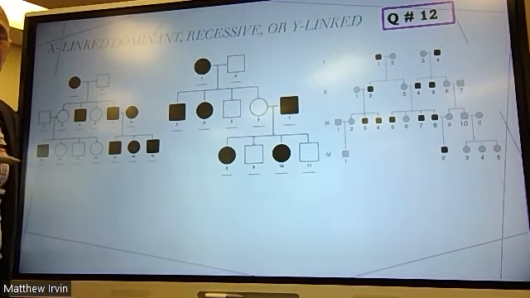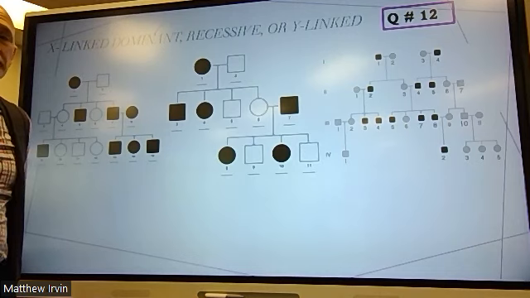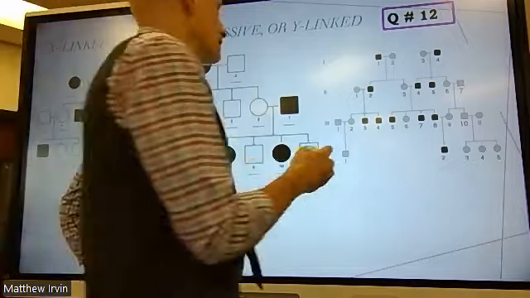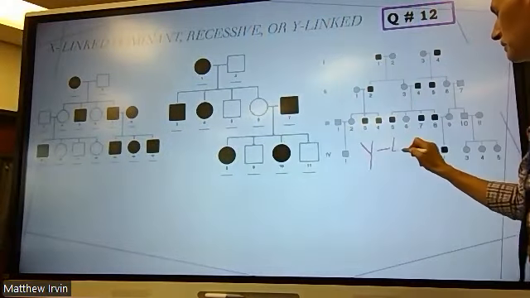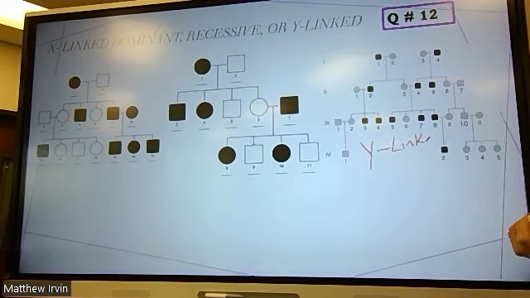That doesn't mean shaded is dominant. It could be a recessive trait and shaded in. So the easiest one to figure out is the Y-linked trait because only males would have it, and so that's going to be this one right here. Male, pass it to males the whole way down.